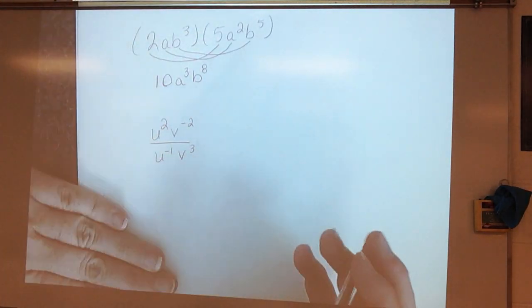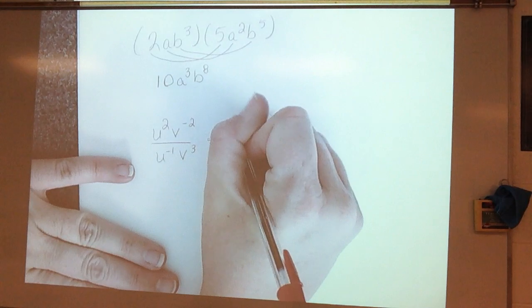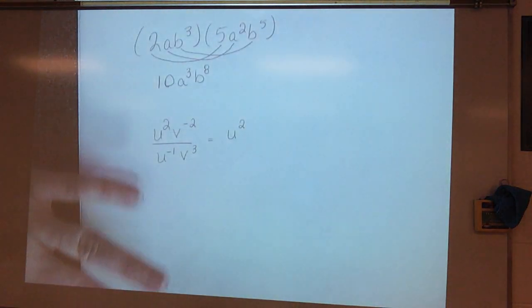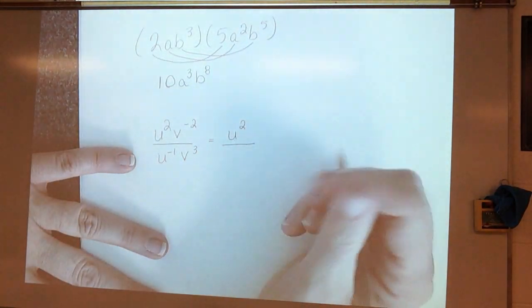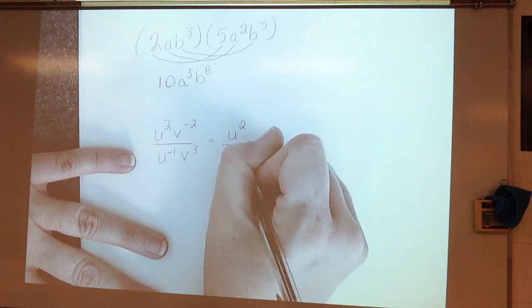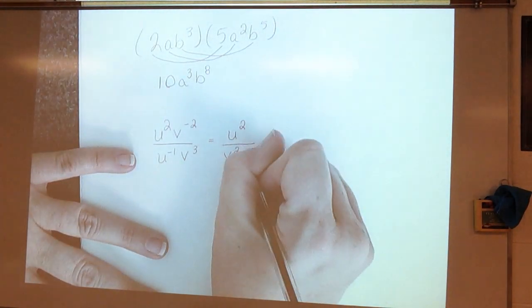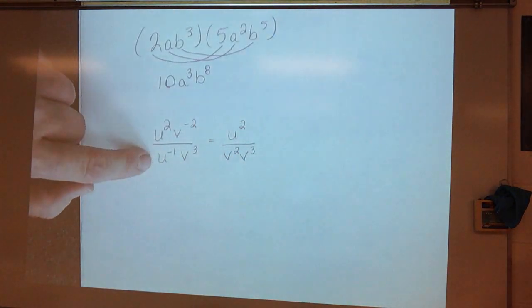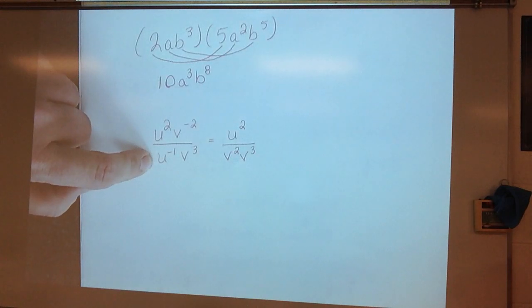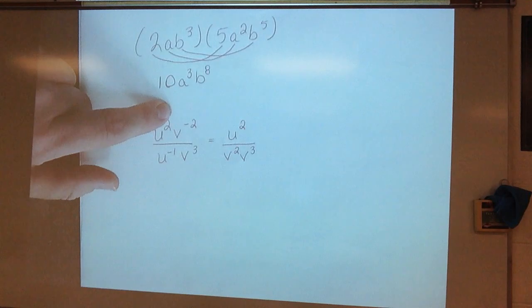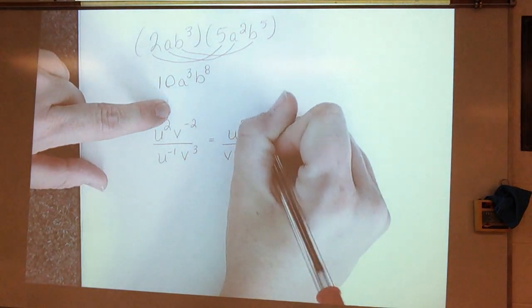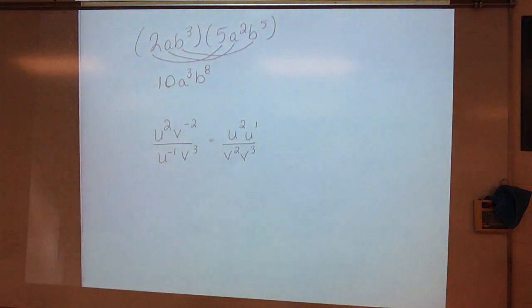It's at the top, so I want to drag it down. That leaves the u squared at the top. Then I take the u to the negative 1, since it's on the bottom, and take it up to the top. And when I do that, guys, I no longer have negative exponents.